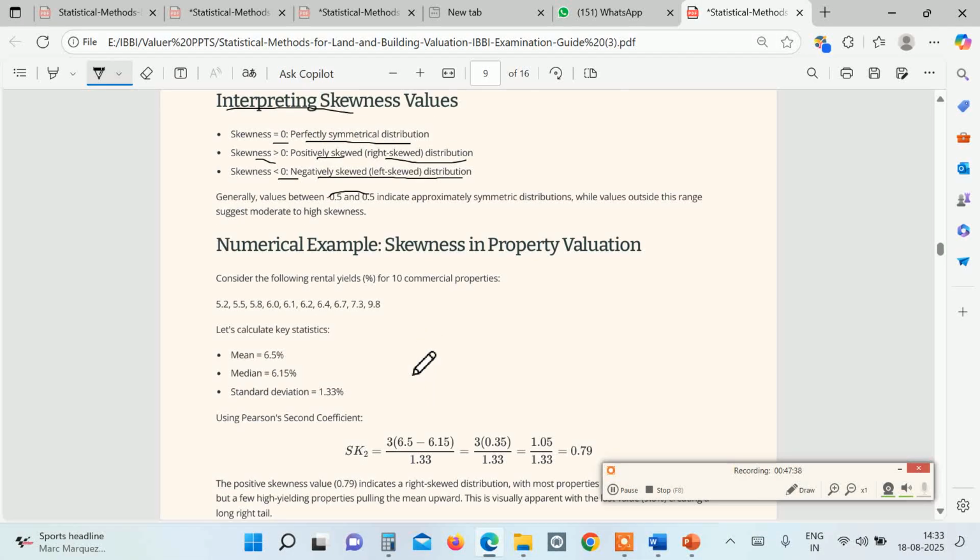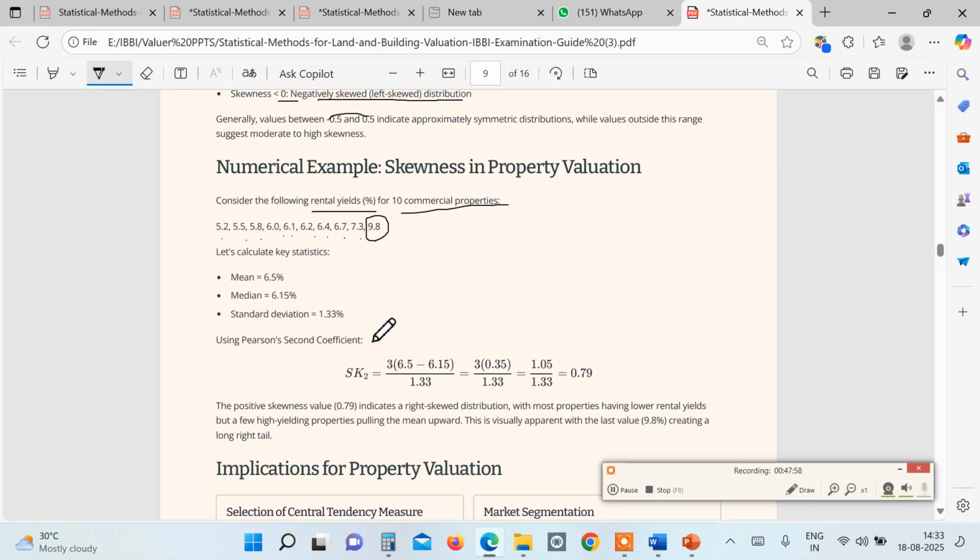We will take an example that will make things clear. Consider the following rental yield percentages for 10 commercial properties: 5.2, 5.5, 5.8, 6, 6.1, 6.2, 6.4, 6.7, 7.3, and the last value is 9.8. If you calculate the mean, it is the sum of all these values divided by the number of values, which is 10.